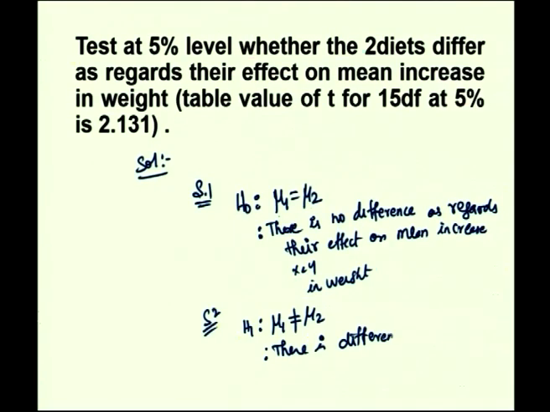So, there is no comparison between diet X increases or diet Y increases. Therefore, mu 1 not equal to mu 2 is the appropriate alternative hypothesis, and moreover it is a two-tailed test. There is difference in effect on mean increase in weight.